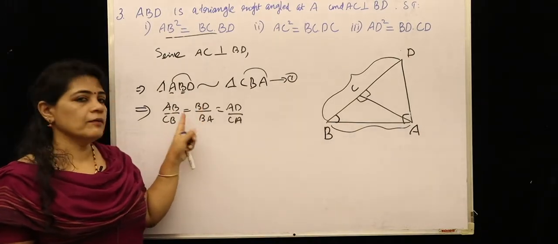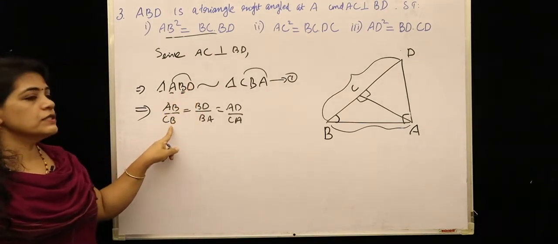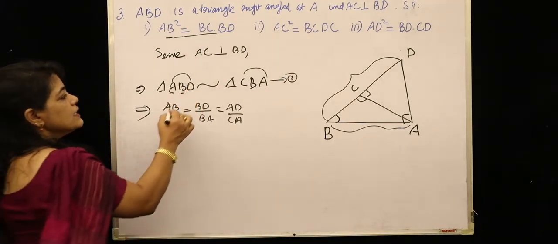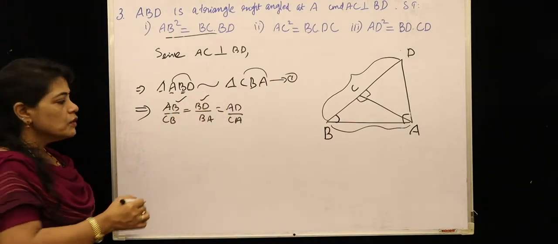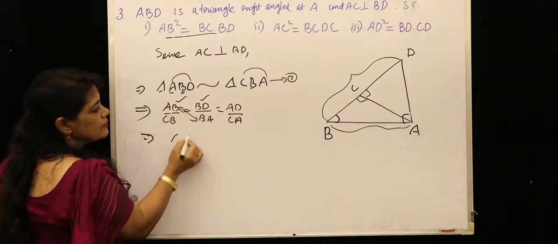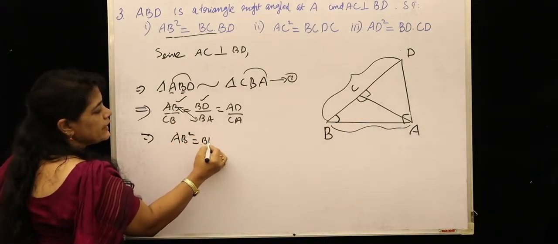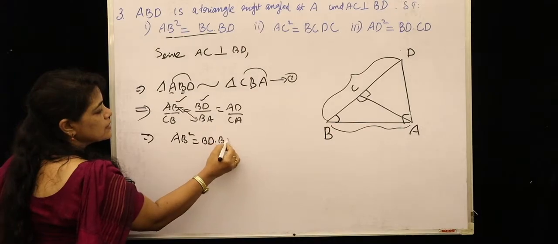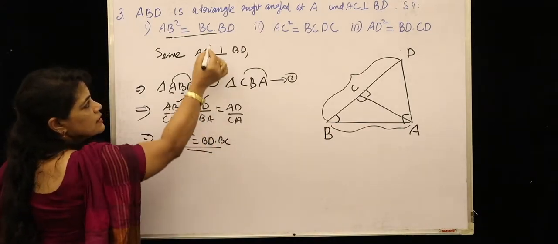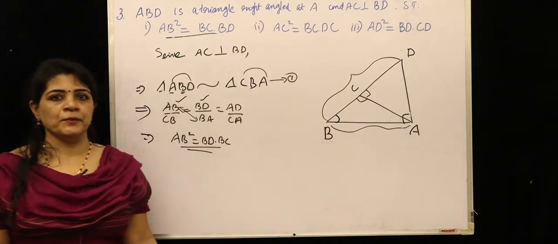So AB and AB get squared, so AB square is equal to BD into CB, that is BC. So I am taking the first and second ratio. Which means AB square, see children, AB square equals BD into BC. Hence the first result. BD into BC or BC into BD, both are the same.